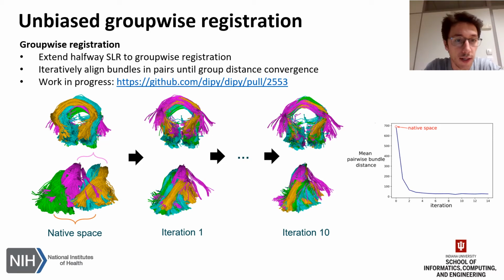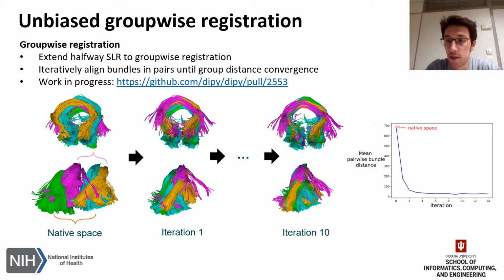So what we can do is iteratively we make pairs and we move each pair to a halfway space. So we have first 4 bundles in native space, and then in the first iteration we register the green with the light blue bundle and the pink with the red one. So each pair gets aligned, and the overall group distance, the mean distance between all the bundles, decreases.